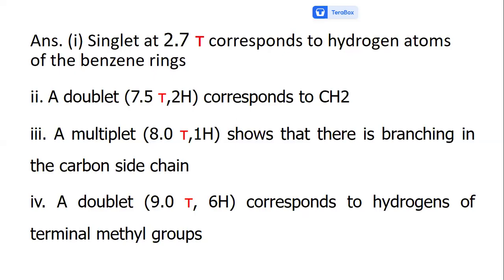The doublet at 9 tau value, 6 hydrogens, corresponds to hydrogens of terminal methyl groups.